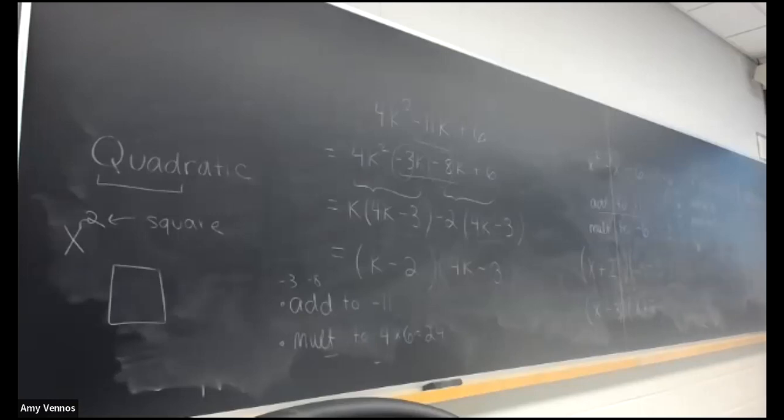There's a few extra steps. First, we look for two numbers that add to b, right? And then we look for those numbers to also multiply to a times c. Okay.